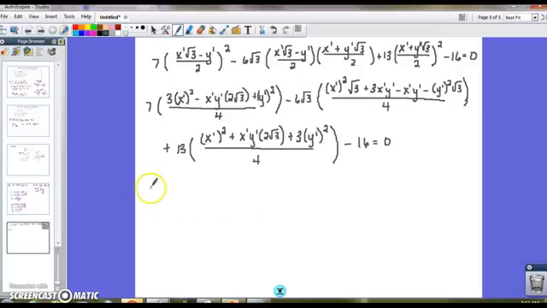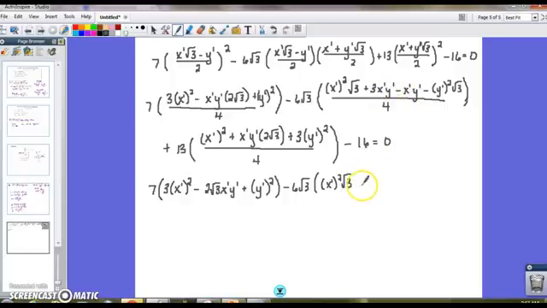Okay, so we end up with 7 times 3x prime squared minus, I'm going to write this as 2 root 3 x prime y prime. I'm just rewriting that middle term. Plus y prime squared minus 6 root 3 times x prime squared root 3.